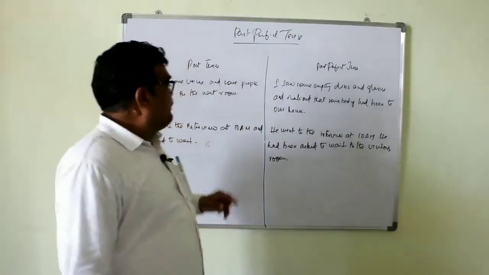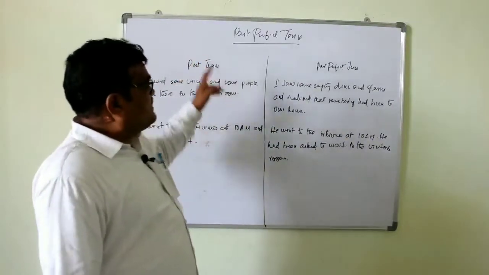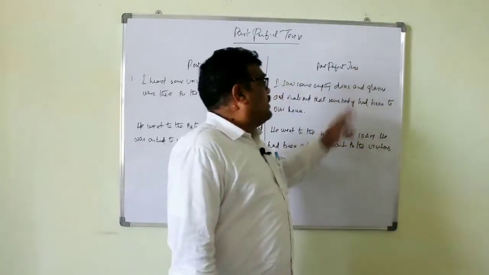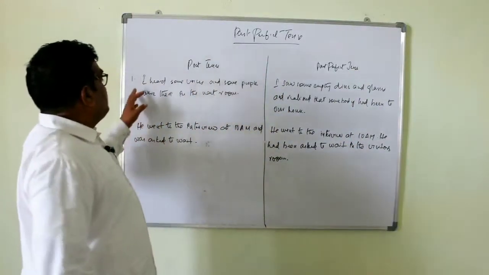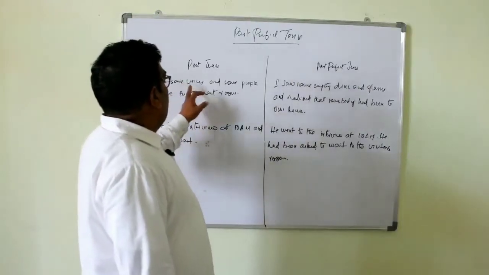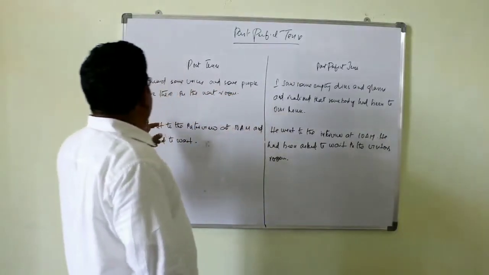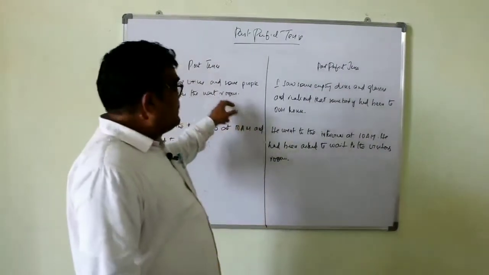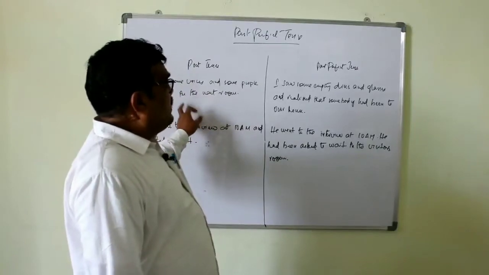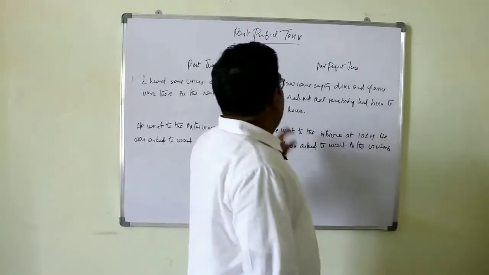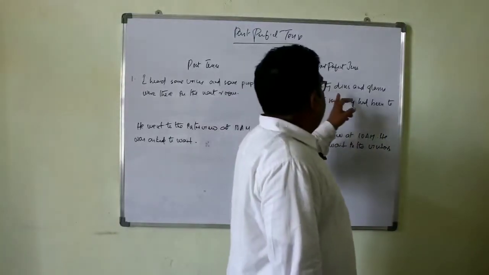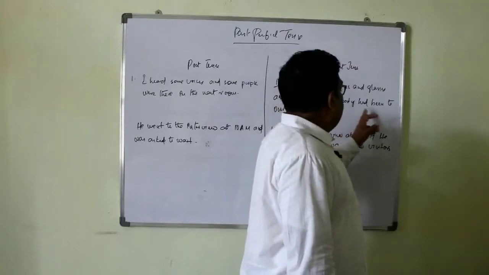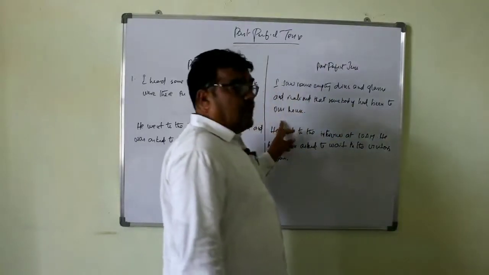See these examples. I have given sentences in past tense on this side, and examples in past perfect tense on the other. First example: I heard some voices, and some people were there in the next room, meaning the people are still there. Take this example: I saw some empty dishes and glasses and realized that somebody had been to our house.